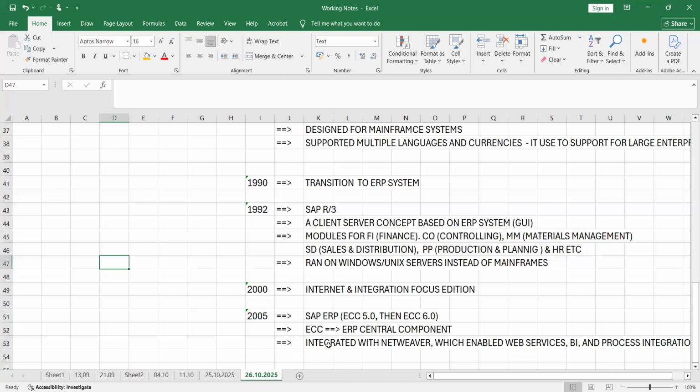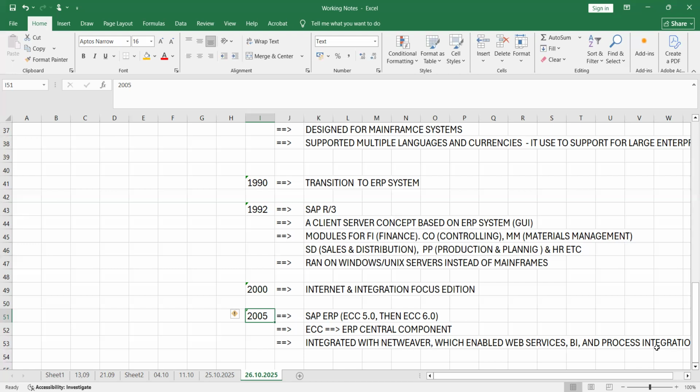Then SAP came up with NetWeaver, so any department in the business will easily link, get integrated, and get whatever information it wants. So it came up integrated with NetWeaver, which enabled web services, business intelligence, and process integration. Whatever accounts payable process, general ledger process, accounts receivable process, whatever different processes are there, can be integrated in SAP.